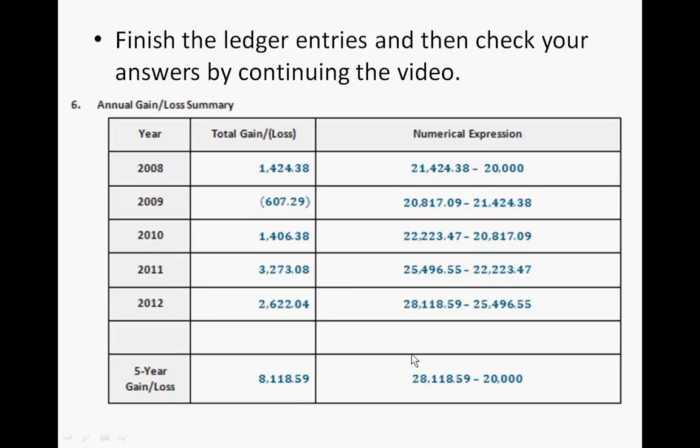So now when you're done with all that, the numerical expression would be $28,118.59 from here subtracted from the beginning balance of $20,000, and that gives you $8,118.59. Now, your numerical expression could have also been adding this plus a negative this plus this, this, and this. So either way would work.